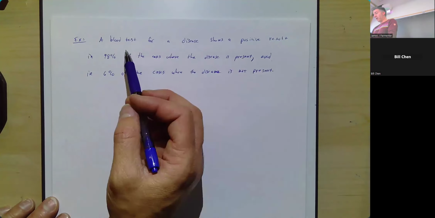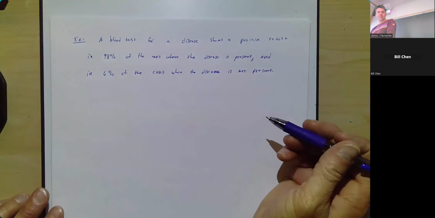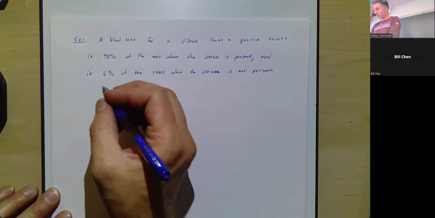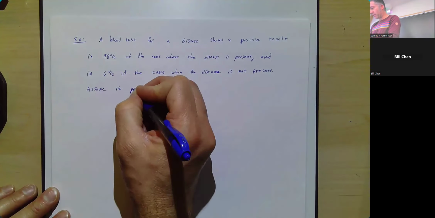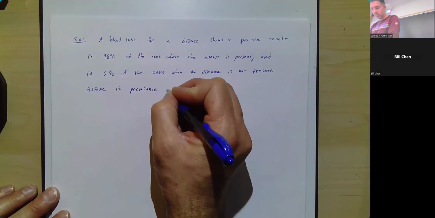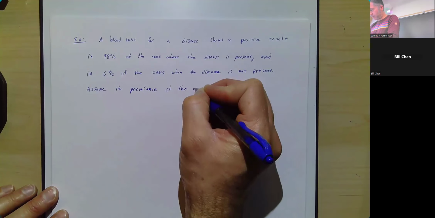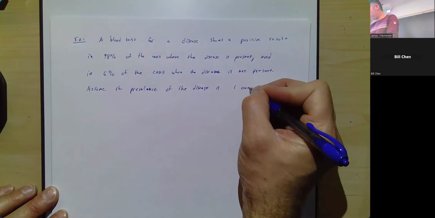So we're saying we're getting a positive test result in 6% of the cases where the disease is not present. That's what that says there. And then finally, assume the prevalence of the disease is 1 out of 250 people.